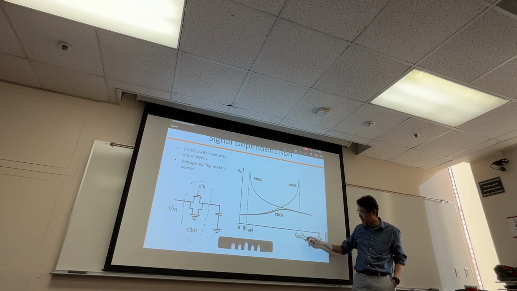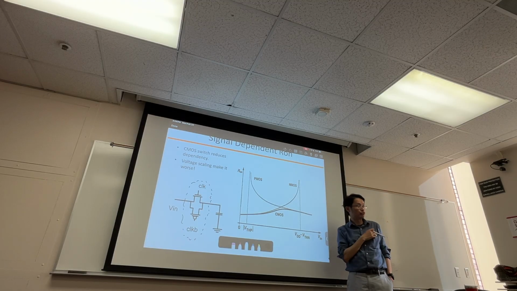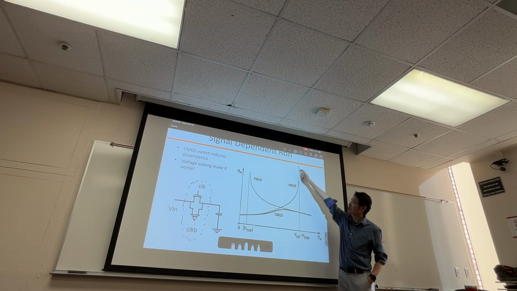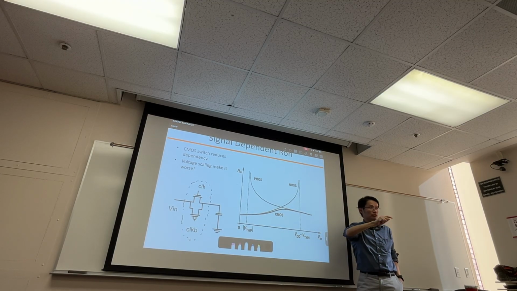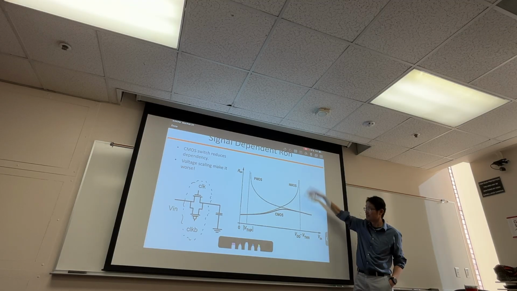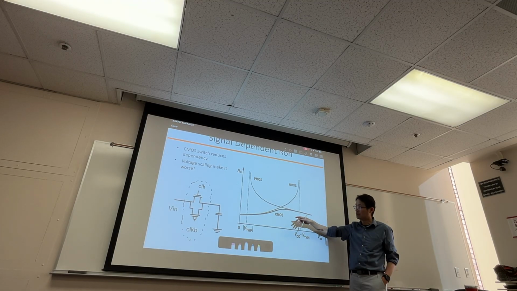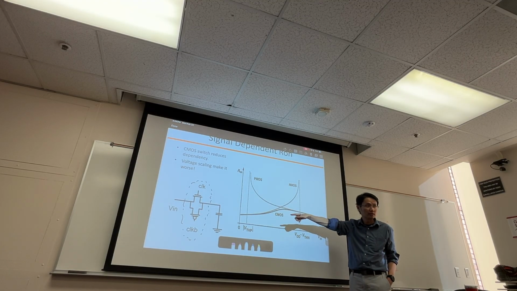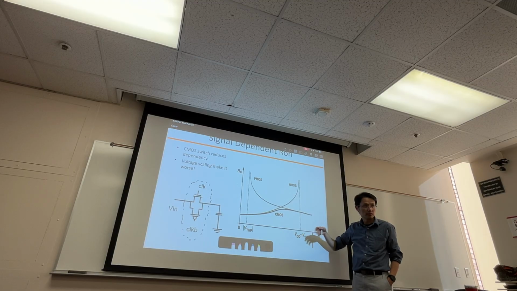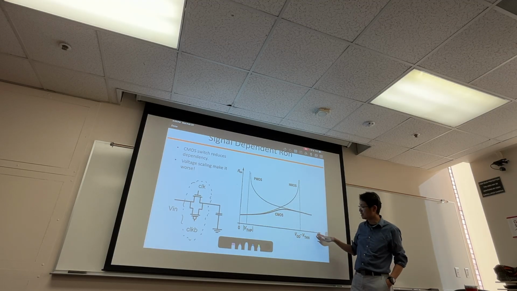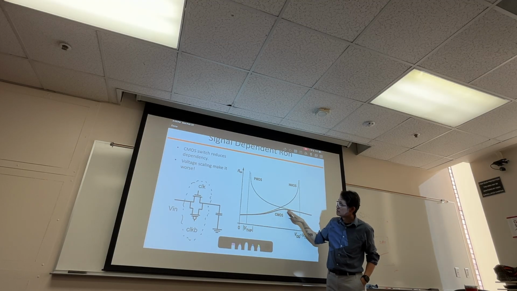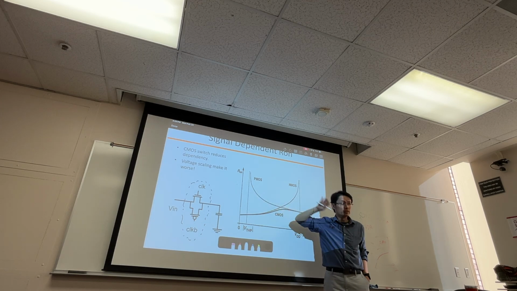In fact, when you go beyond VDD minus VTH, you're going to be off, so this is infinity. Let's not talk about that, you already cut off. However, if I put a PMOS, when would the PMOS cut off, or when would the R on go very high? It's the opposite: when V in is small, the R on of the PMOS will be very high.